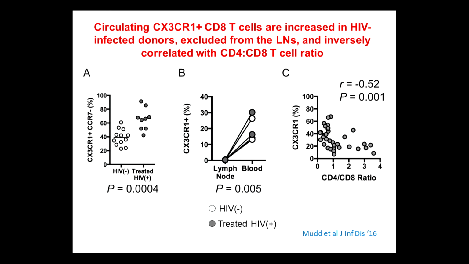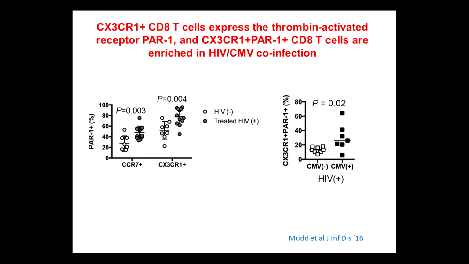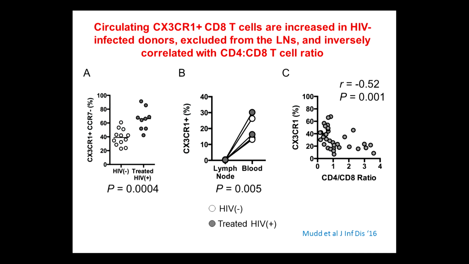These circulating CX3CR1 positive CD8 T cells are expanded in HIV infection. They're excluded from lymph nodes but found inside the blood.